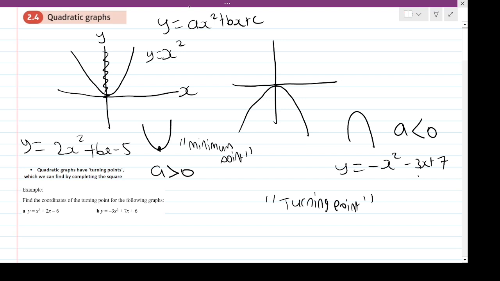So when you have a positive shape, like this, the turning point is the minimum point. When you plug in any value of x into ax squared plus bx plus c, which is what you're plotting, the smallest possible value of y you get out of that is at this point here, which is the minimum point. And hopefully you can see that its dip is there, so it has to be a minimum.